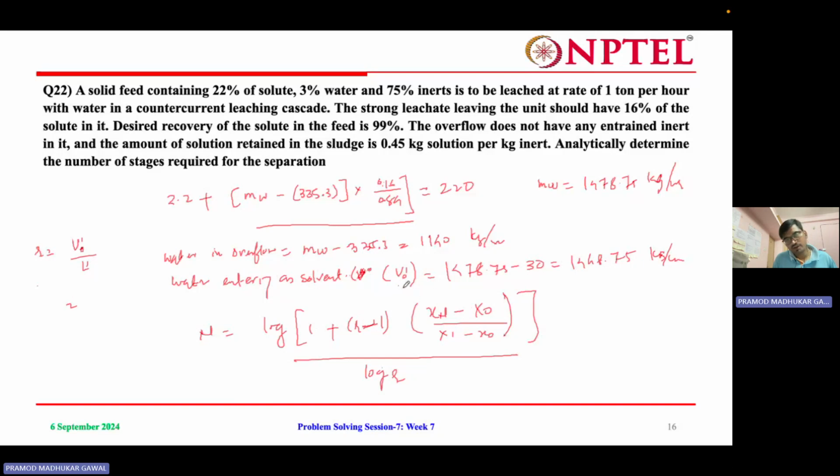V naught dash and L dash we calculated: 1448.75 divided by 337.5. It is 4.293, right?